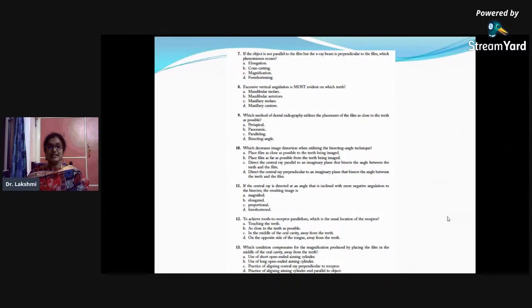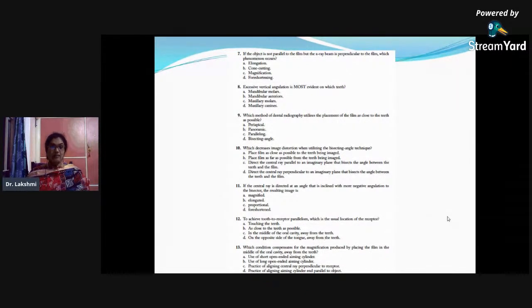That is increase in vertical angulation. So seventh one, option is D. Eighth question, excessive vertical angulation is most evident on which teeth? That is C, maxillary molars. Excessive vertical angulation gives an image as if the tooth is very long than its actual size. So eighth one, answer is C.